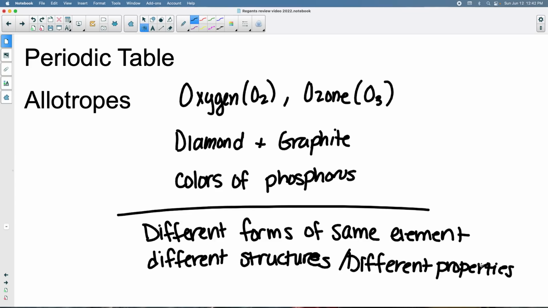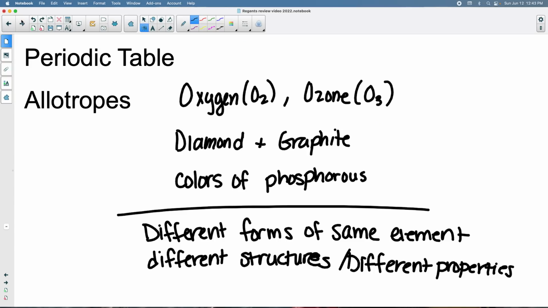They're going to have different chemical properties. They're going to react differently in different types of chemical reactions. Remember, we are going to breathe oxygen as O2, but ozone is not able to be used for our cellular respiration.